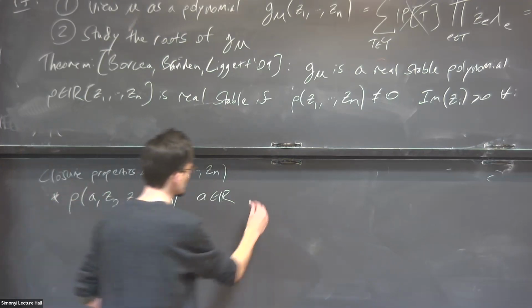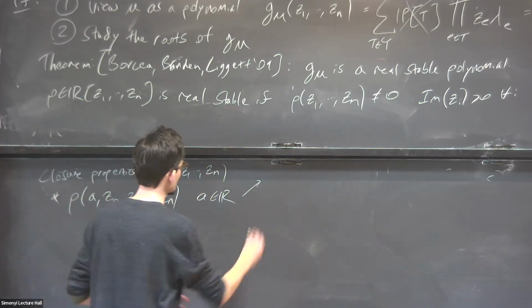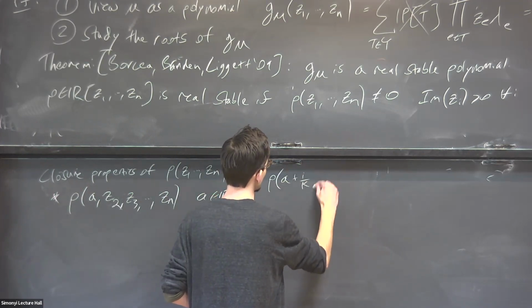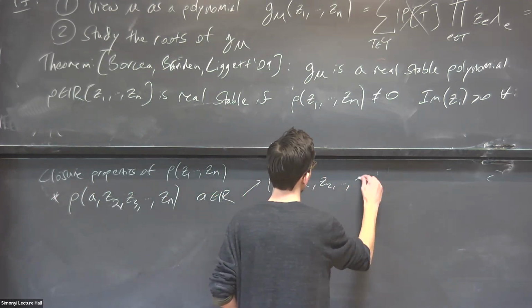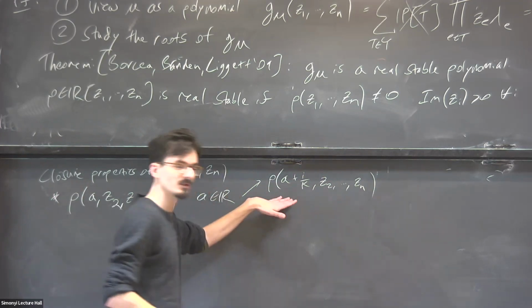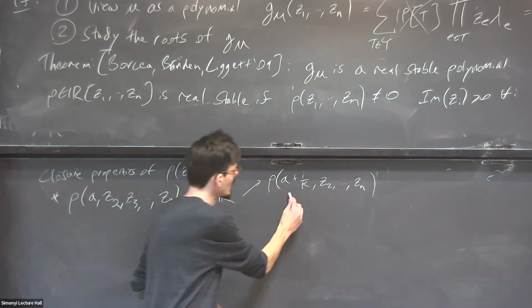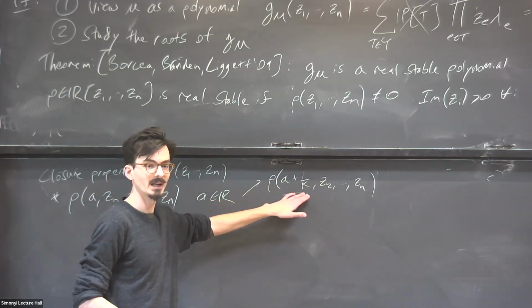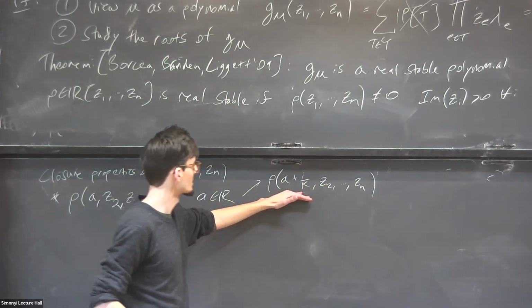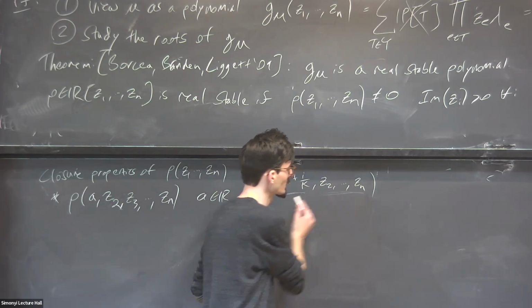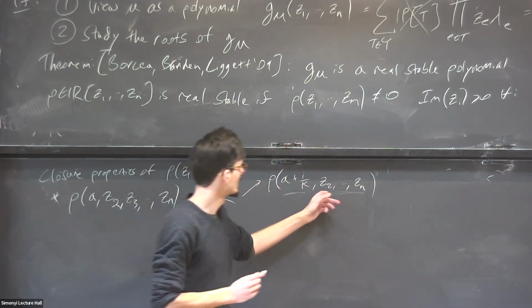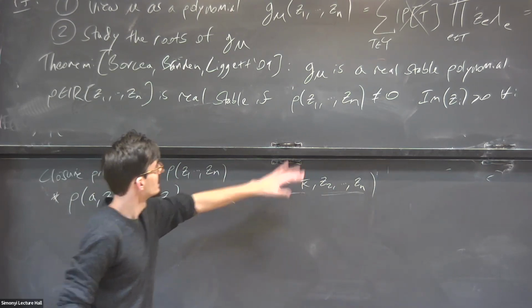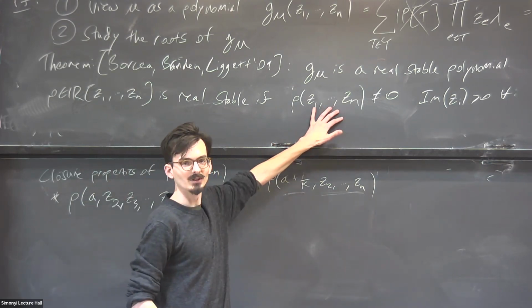And this is not too hard to see, actually. First notice that P with a + i/k plugged in is definitely real stable, because I plugged in something with a positive imaginary value in the first component. If I had some zero in the upper half plane here, I could plug in z2 through zn and a + i/k and get a zero of the original polynomial.